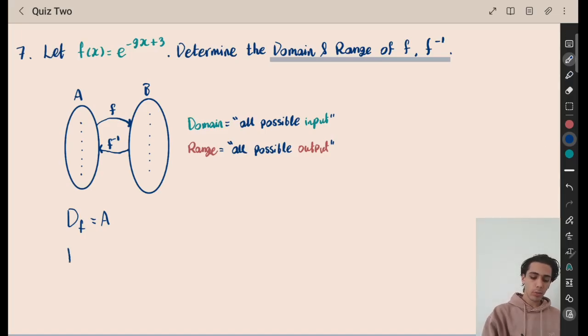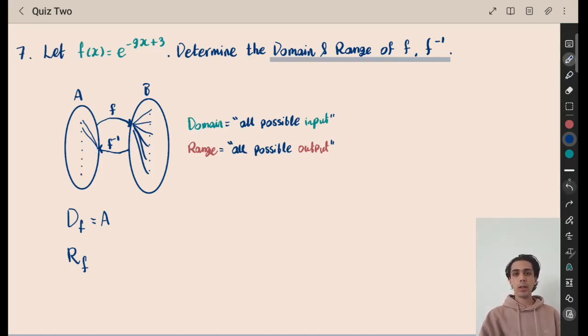Now, what can we say about the range of f? Well, the range of f is all the possible outputs of f. Here I did not make it absolutely clear, I just pointed at the set B, but you can understand it as being mapped to all the points. But I will remove it because it's ugly.